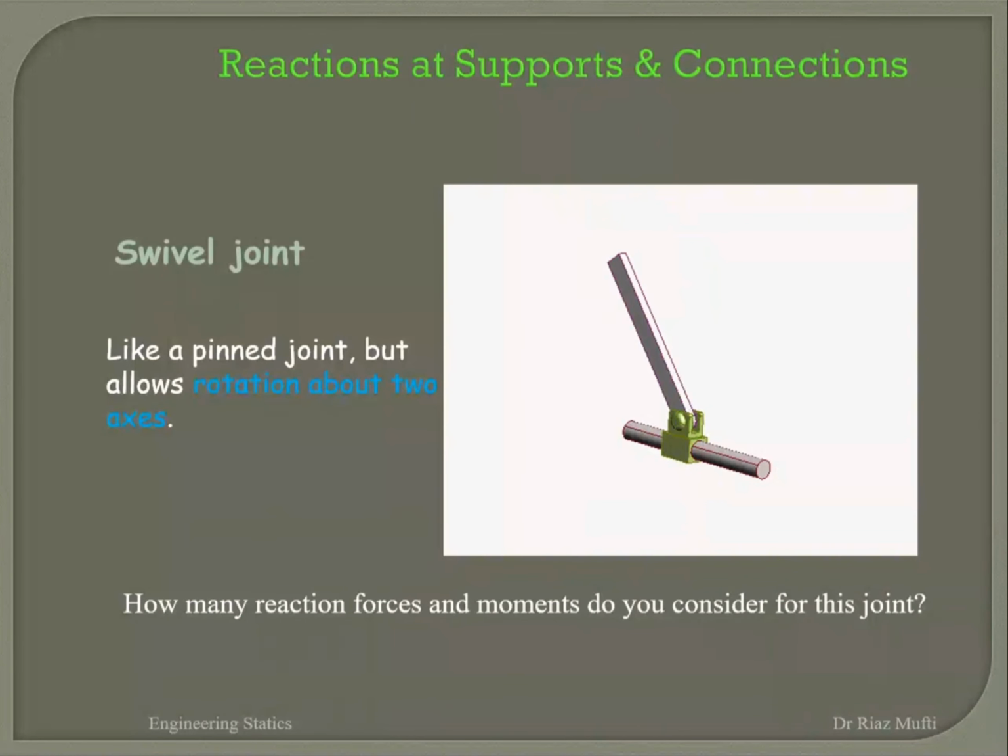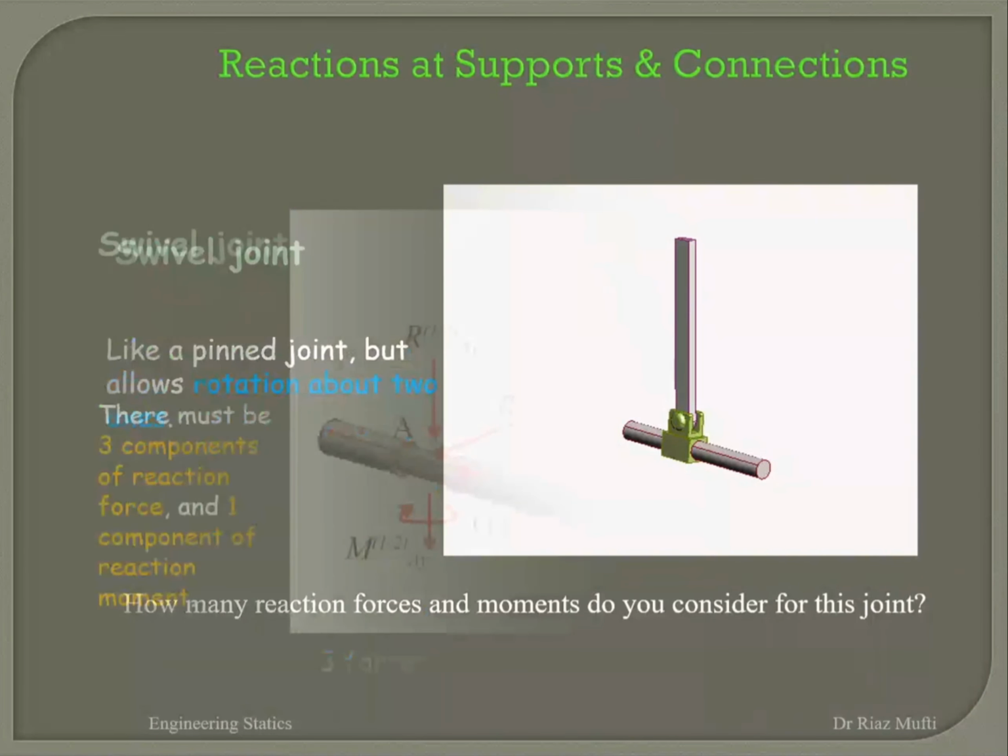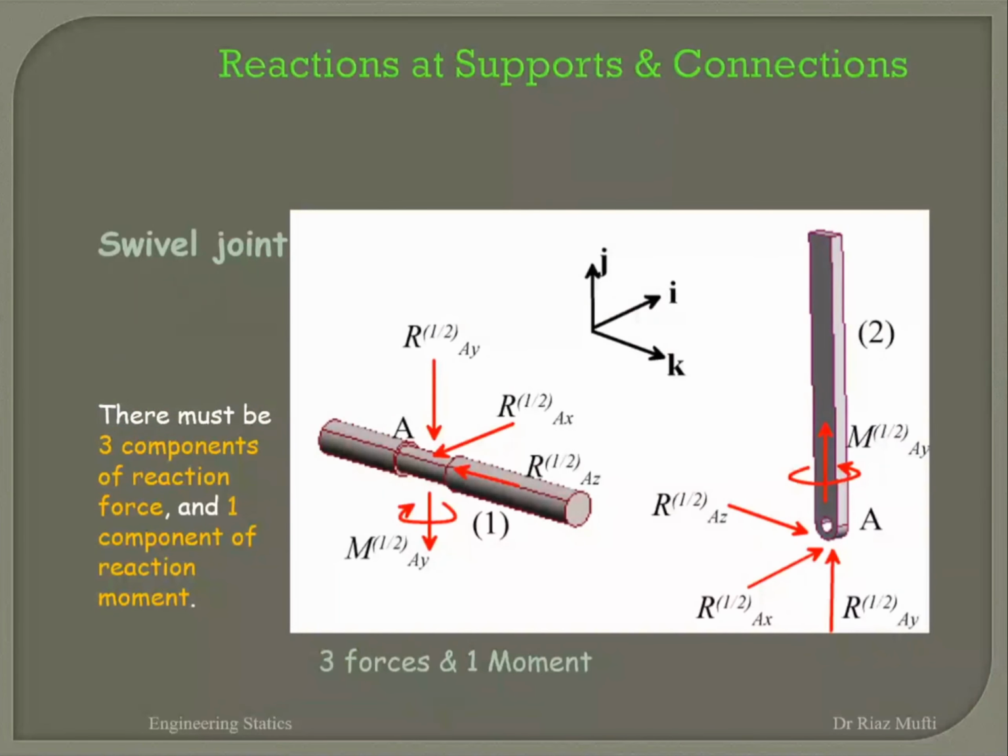It cannot rotate on 1 axis. So that's been constrained. And the joint cannot move in X, Y, Z direction. It cannot slide. Remember, it cannot slide on this one as it's showing here. So therefore, if I look at the rod that's rotating, I've got 1 reactive moment and 3 translative forces.